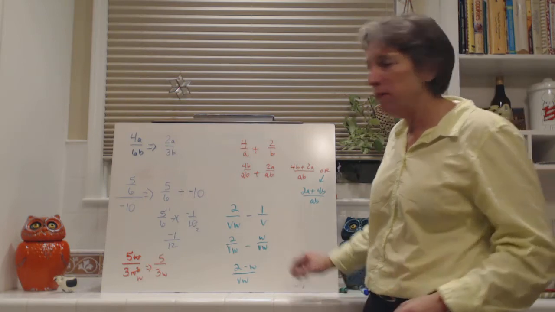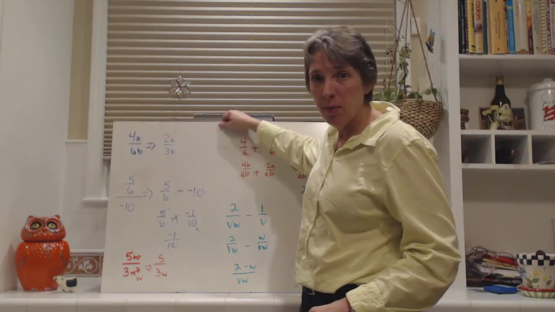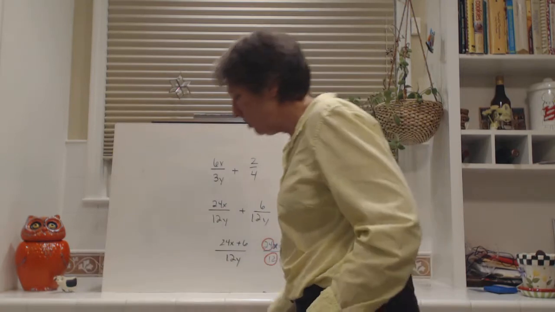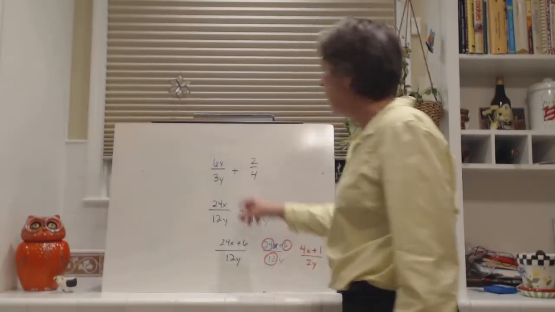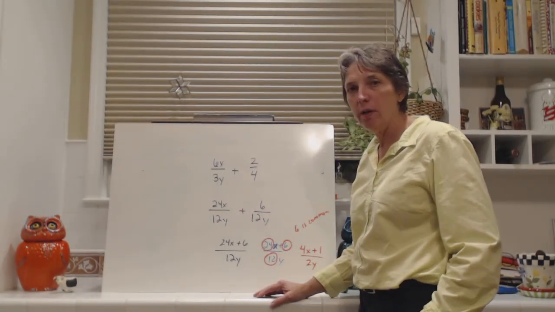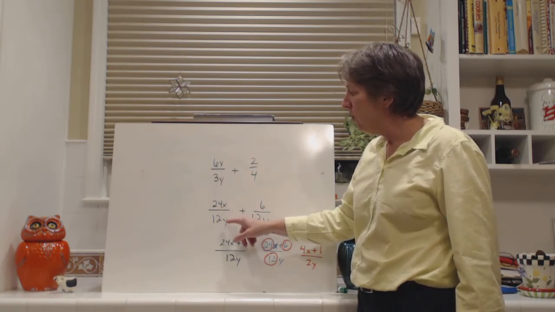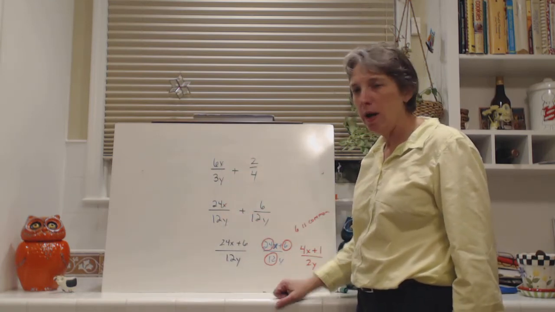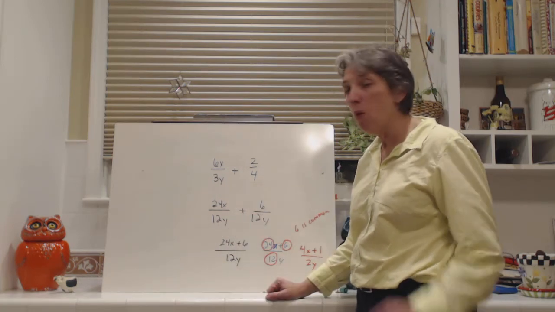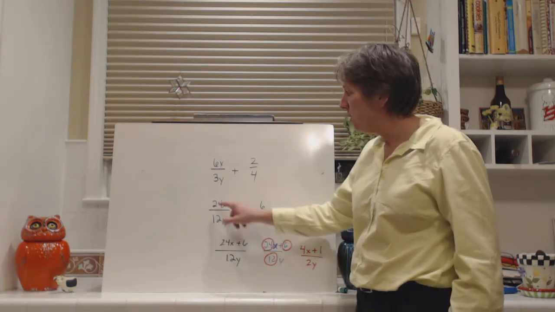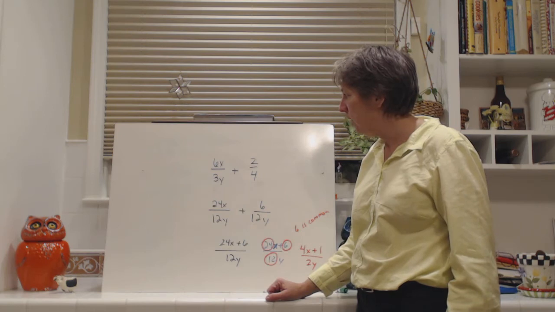And the last one, I put on a separate paper, a separate board. Let's look at this one. Common denominator was 12y. When I converted 6x over 3y into the new one, I got 24x over 12y. Because 3 goes into 12 4 times, and 4 times 6 is 24. Okay?